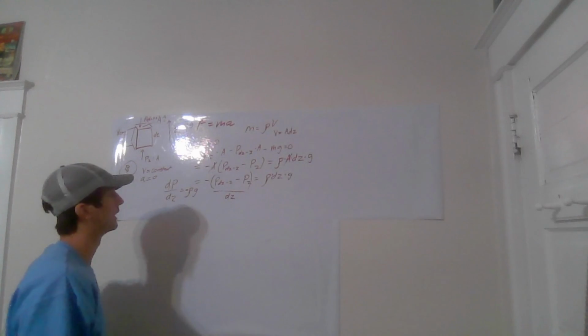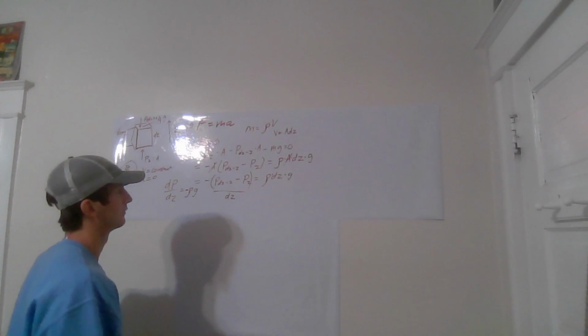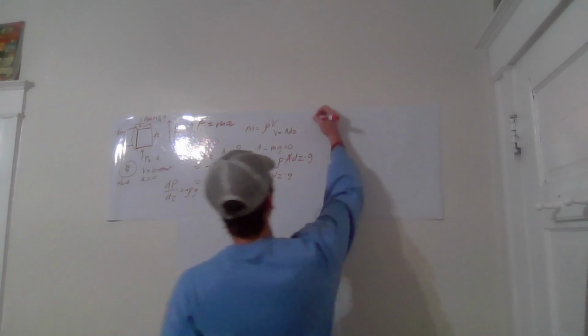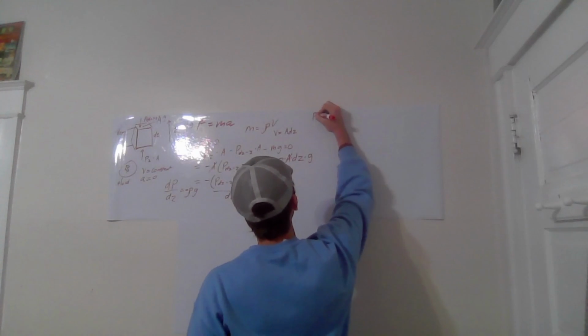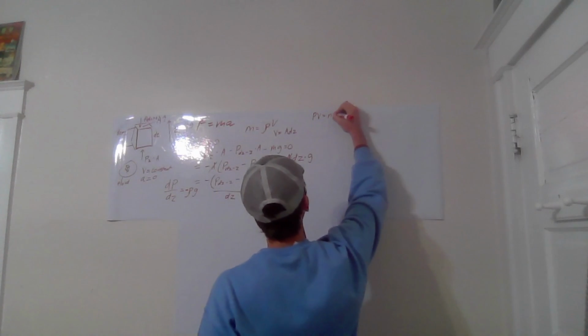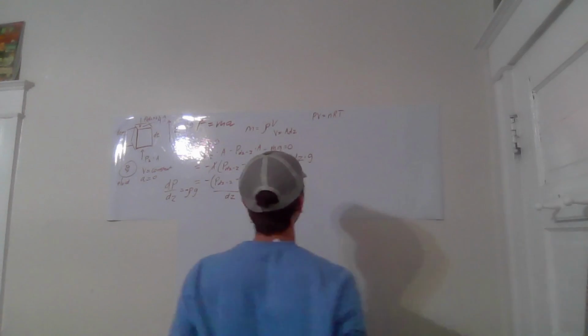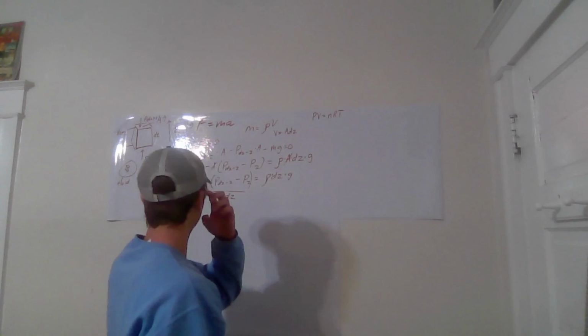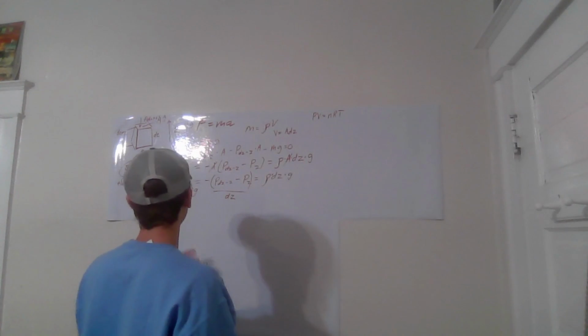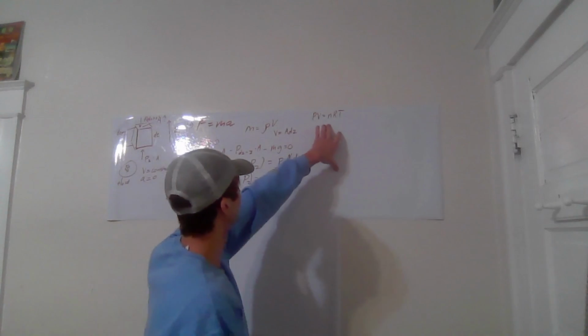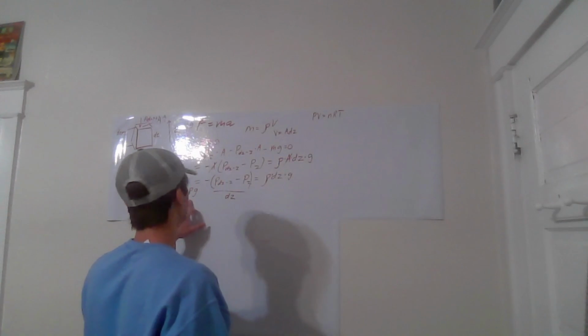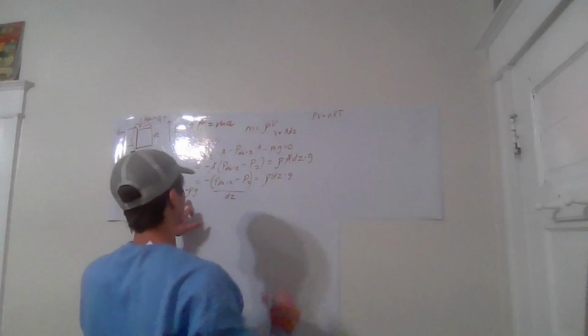And now we need to incorporate our ideal gas law. We remember that is PV equals nRT. And we need to find how to fit this into our density.